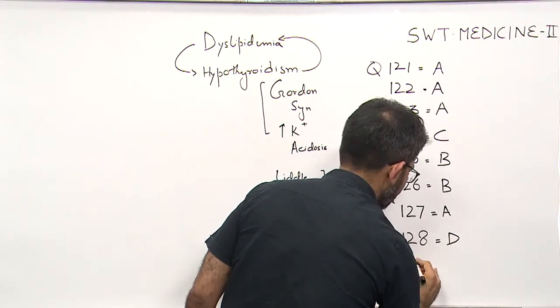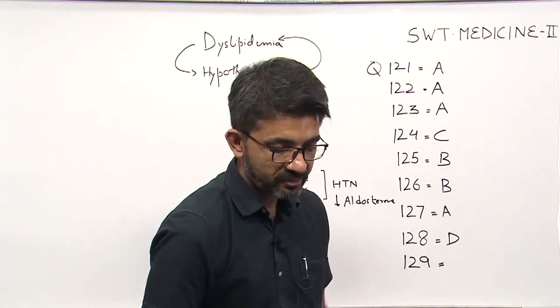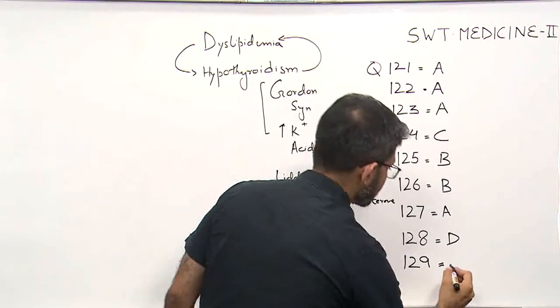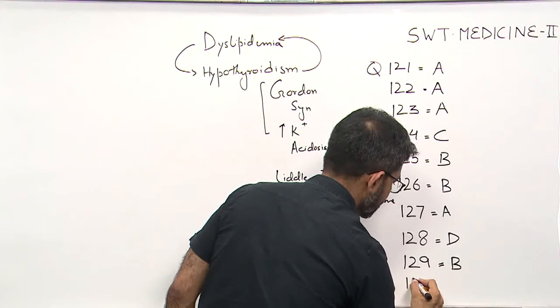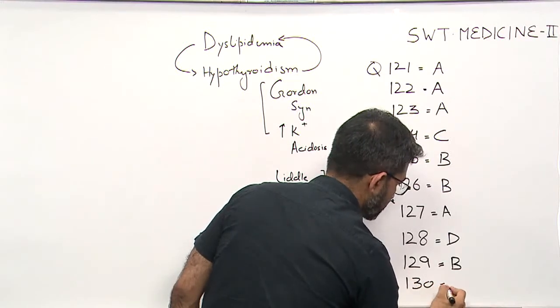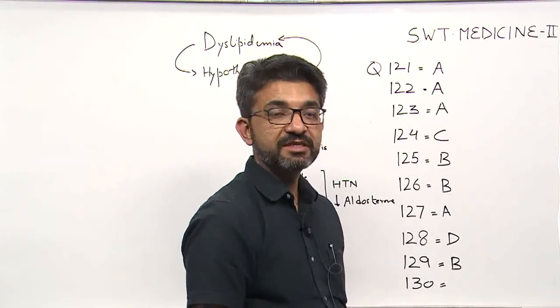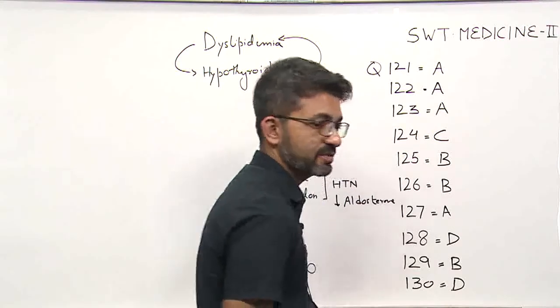Question number 129. Answer is B, aplastic anemia. Question number 130. Answer is D. You do not do bone marrow transplantation for hemochromatosis.